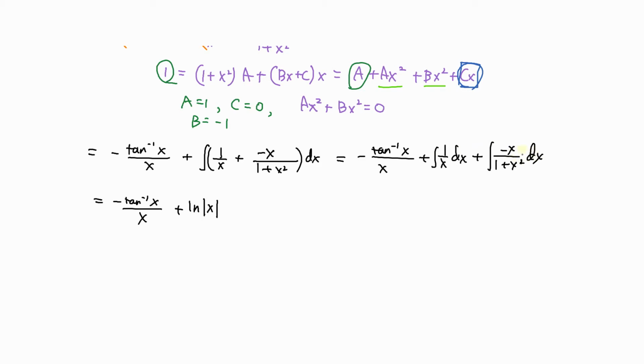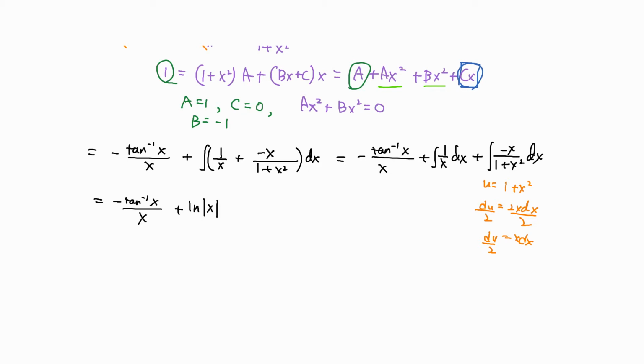However, on the second integral, just use u-substitution. If I set u to be the bottom, 1 plus x squared, and take the derivative, I get 2x dx. Divide both sides by 2, you get x dx equals du over 2.